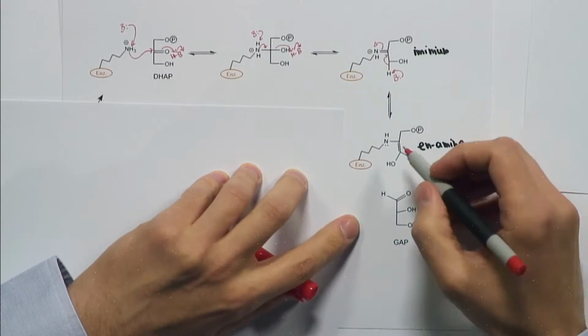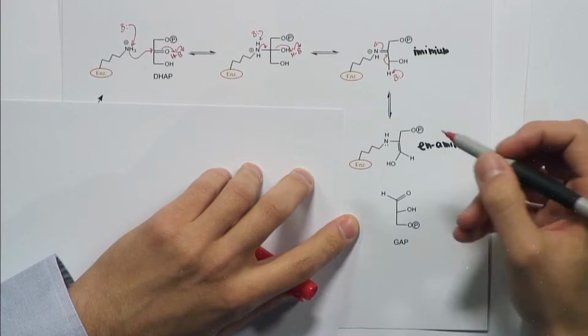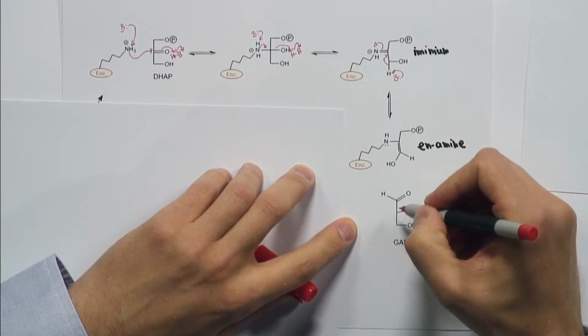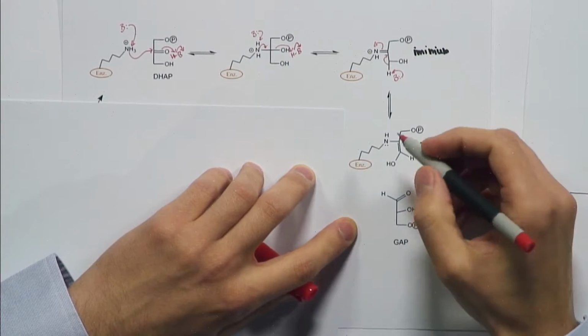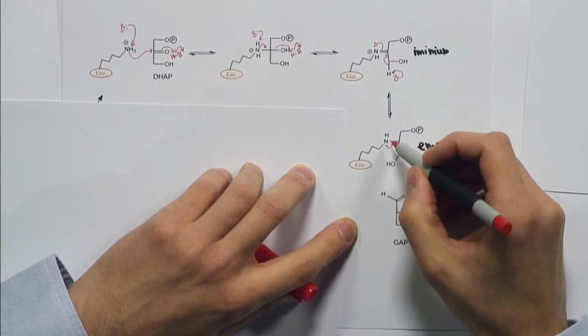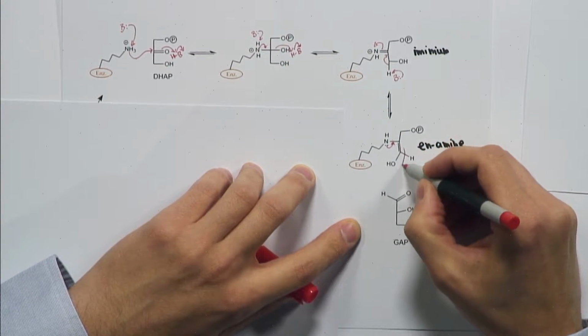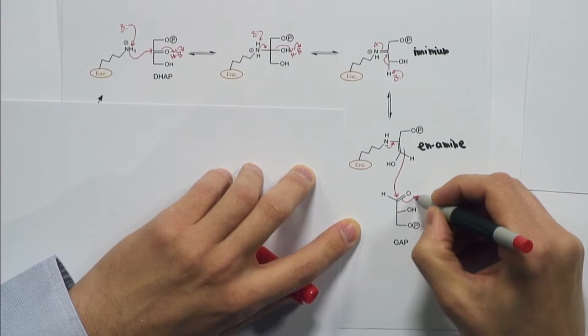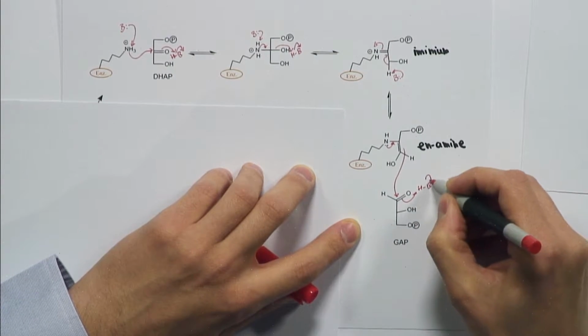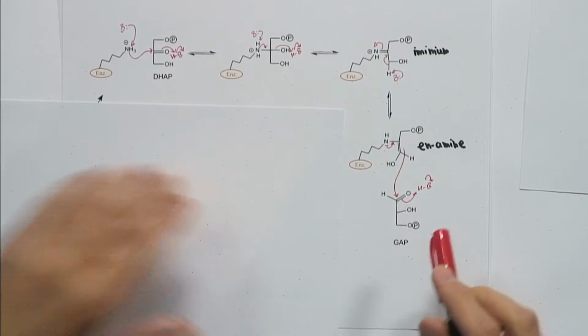So the enol is going to be a very good nucleophile, and it's going to attack the carbonyl. The reaction is once again initiated by this amine group. The electrons move here, then this attacks the carbonyl, and we can protonate it with a general acid.